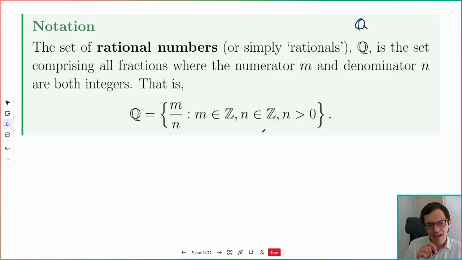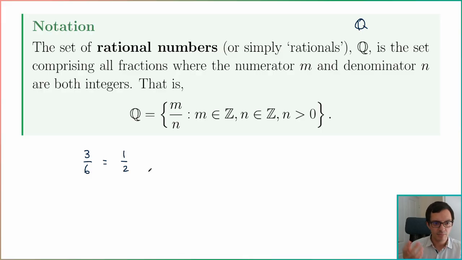The thing that I haven't captured is the idea that 3/6 and 1/2 are supposed to be equal. Those are different representations of the same number, 1/2 in words. We can do that, but we need something called an equivalence relation.